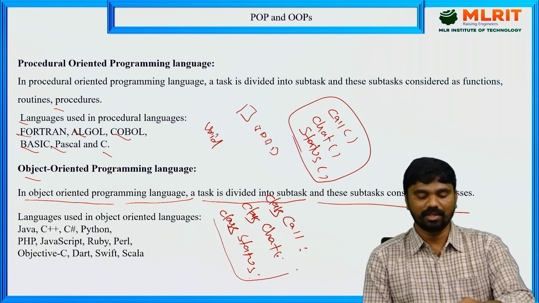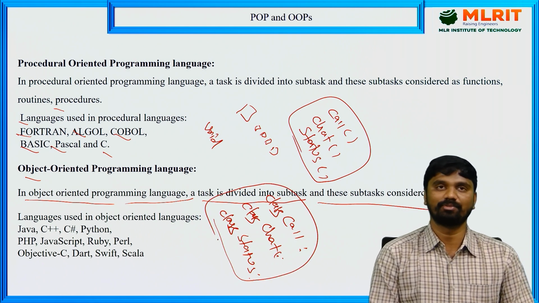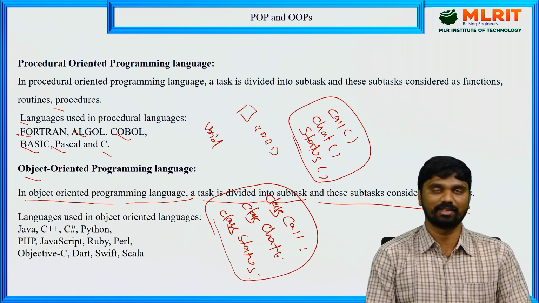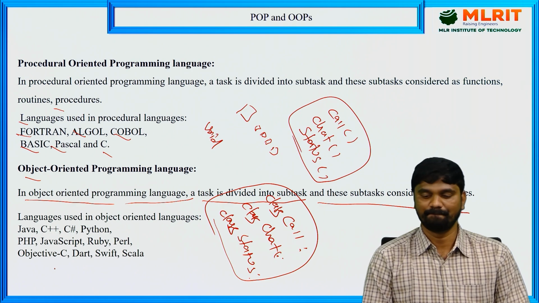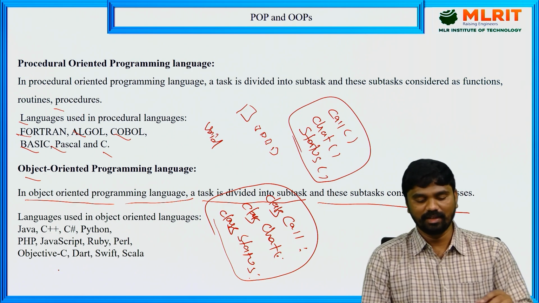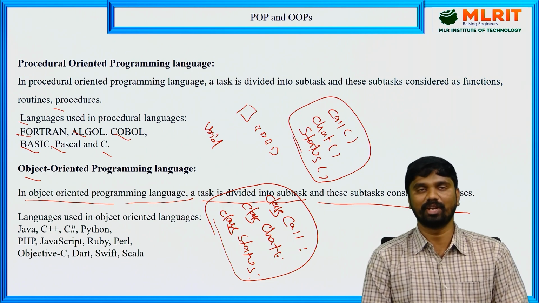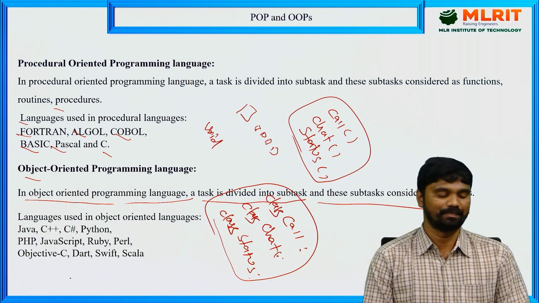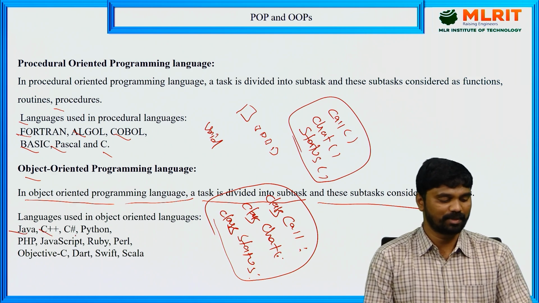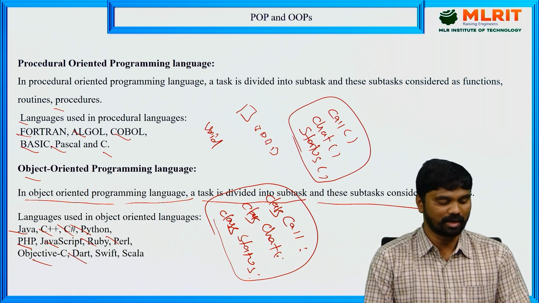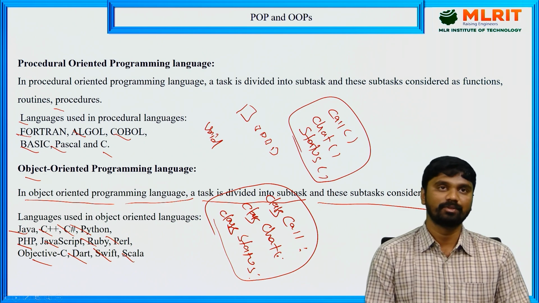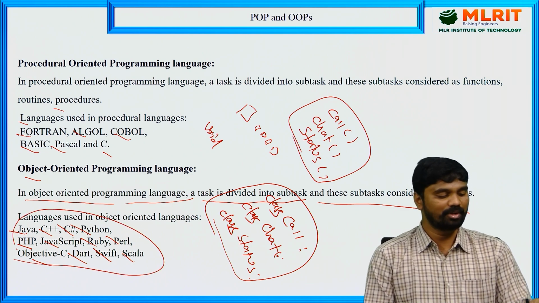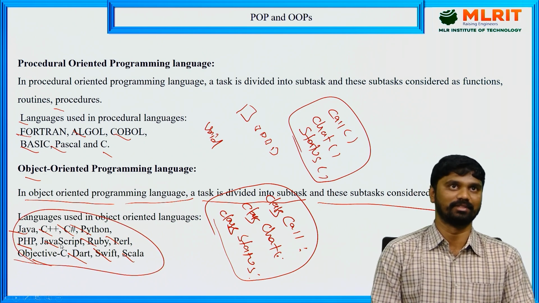That means in an object oriented programming language we consider the subtasks as classes, and in each and every class, of course, we can create any number of objects. Some examples are Java, C++, C#, Python, PHP, JavaScript, Ruby, Perl, Objective-C, Dart, Swift, Scala. These are the object oriented programming languages.